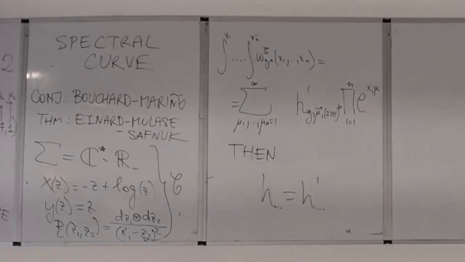But can I not see the data of the spectral curve from the problem? For example, now you take the Riemann surface C star minus R minus. For me, this is exactly the Riemann surface you have at the bottom, right? Yeah. So, can I use that as an understanding of how, given a certain problem, to cook the spectral curve?